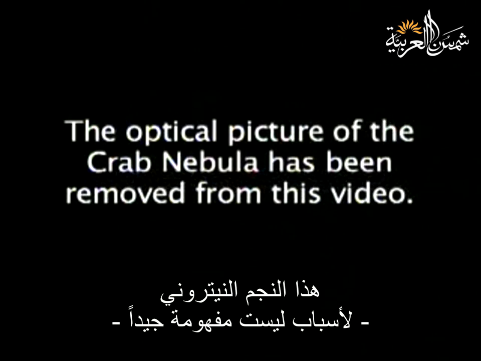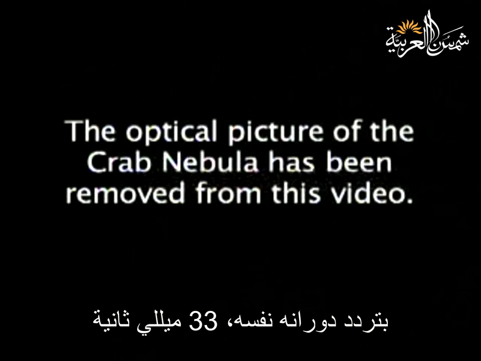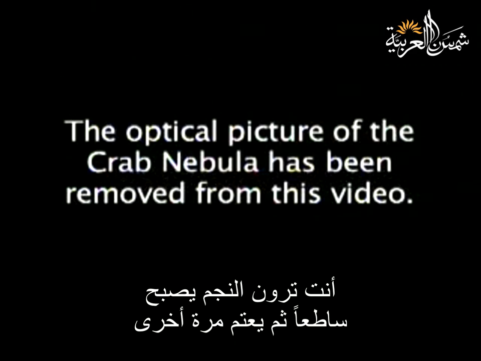This neutron star, for reasons that are not well understood, is blinking at us. It blinks at us at exactly the frequency of its rotation, 33 milliseconds. That means 30 hertz. Roughly 30 times per second, you see the star become bright and then go dim again.